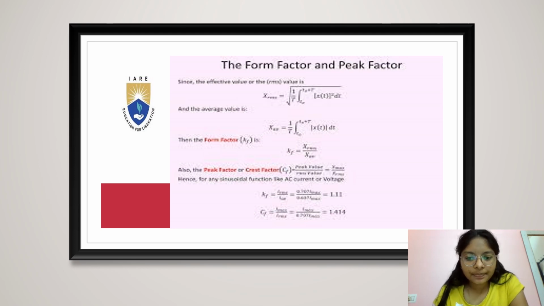Peak factor, or crest factor, is equal to RMS by average. Hence, for any sinusoidal function, the AC current or voltage, Kf is equal to 1.11 and Kp is equal to 1.414.